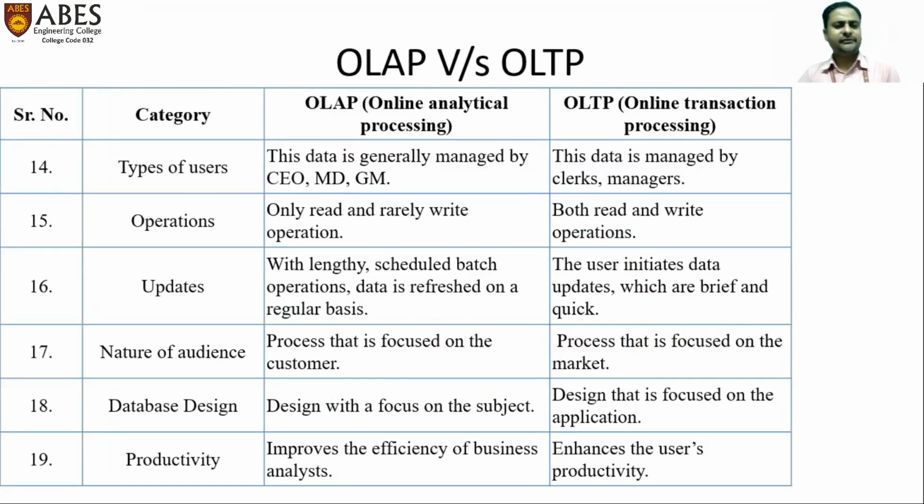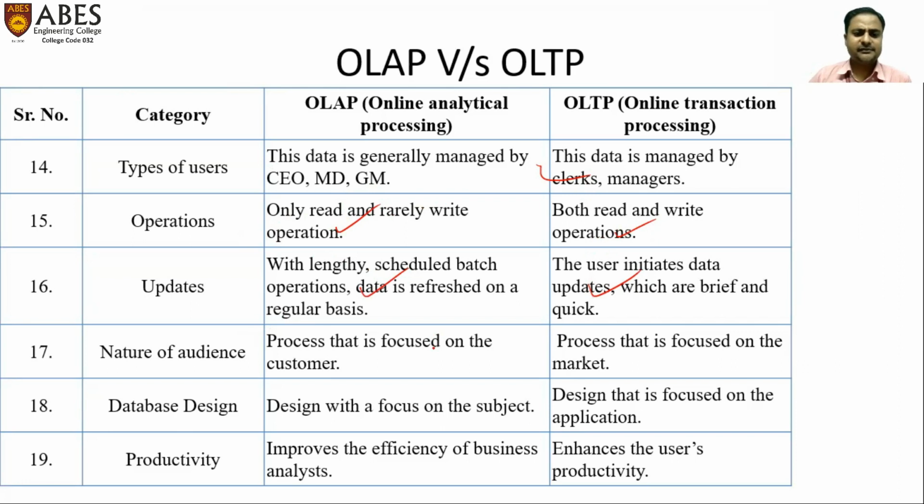There are other differences, like type of users. The CEO, MD, and GM use OLAP for decision making, but OLTP is used by clerks and managers. In operations, only read and rarely write operations happen in OLAP, but in OLTP both operations happen. In update, in OLAP the scheduled batch operation data is refreshed on a regular basis, but in OLTP it is done immediately.